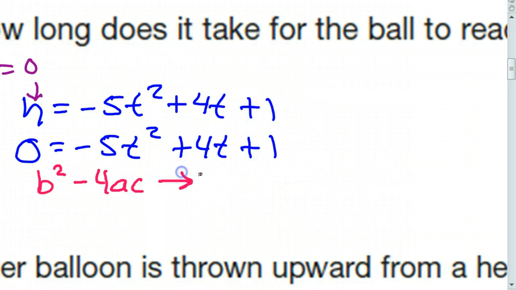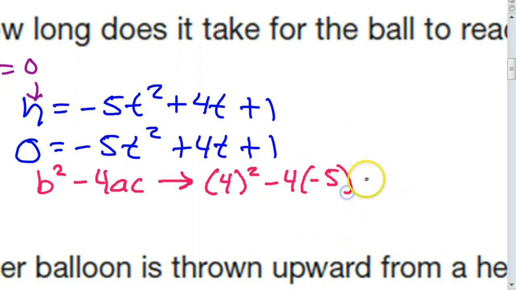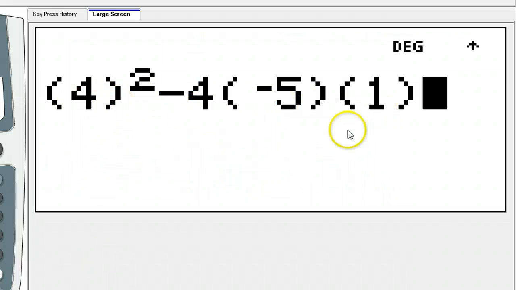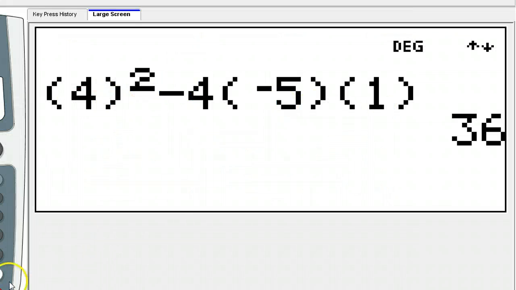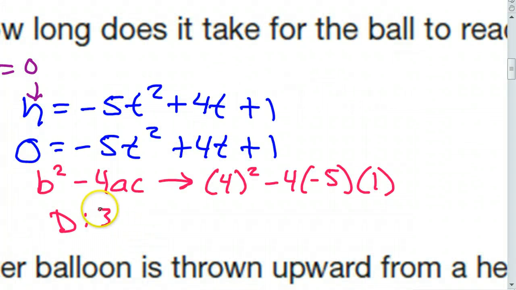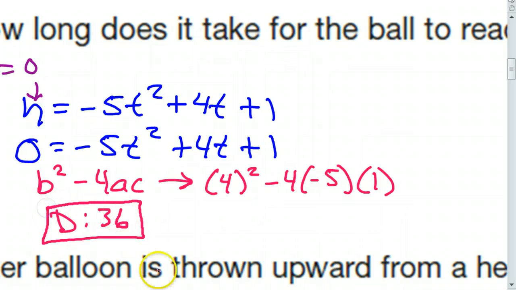Let's find that. b is 4, so that'll be 4 squared minus 4 times negative 5 times 1. That's going to be the discriminant, the d. So our discriminant is 36. Let's jot that down and save that for later.